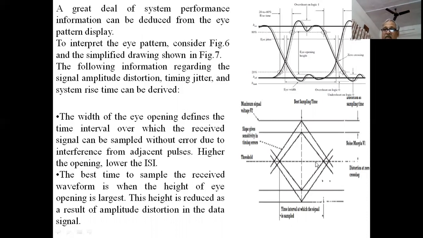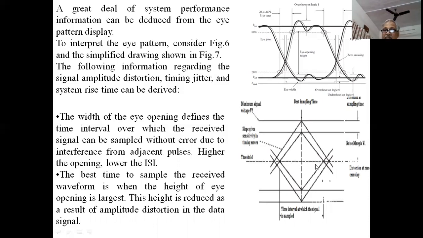If we take a sample outside this region, then we are not able to sample correctly. The higher the opening, the lower the intersymbol interference.